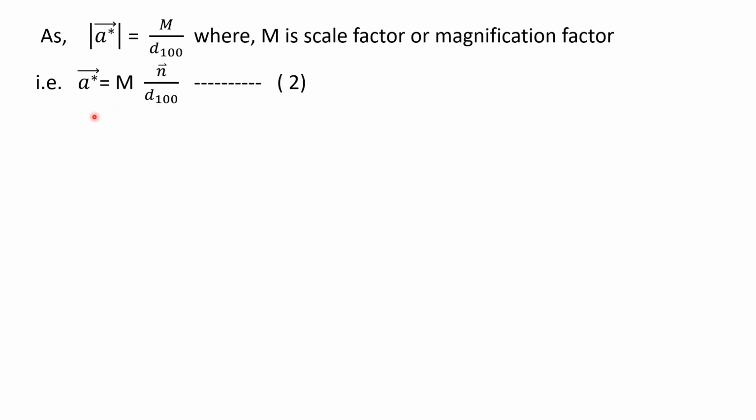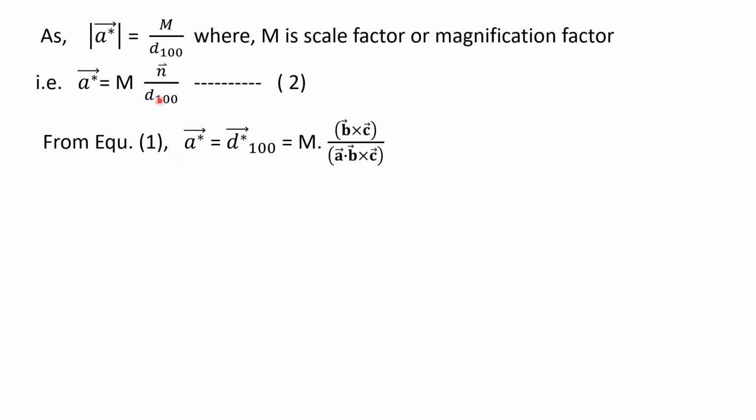From equation 2, equation 1 is known: vector n divided by d100 equals b cross c divided by a dot b cross c. That value we substitute here. And vector a star, also written as vector d star 100, equals m multiplied by b cross c divided by a dot b cross c.